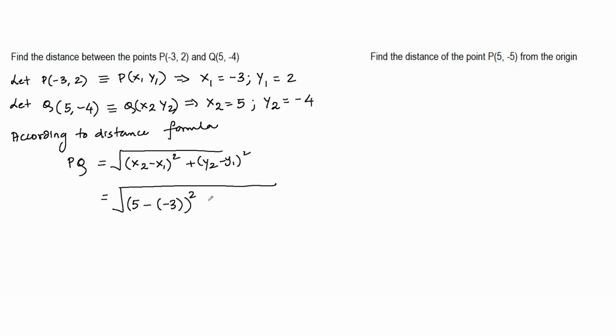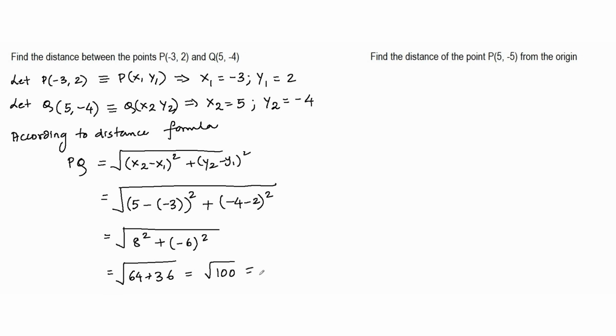So be very careful with the signs, and y2 minus y1 is going to be minus 4 minus 2 the whole square. So this becomes under root of 5 plus 3 is 8. So this becomes 8 square plus negative 6 the whole square, which is under root of 64 plus 36, which is equal to square root of 100, and that is equal to 10 units. Therefore, the distance between points P and Q is 10 units.